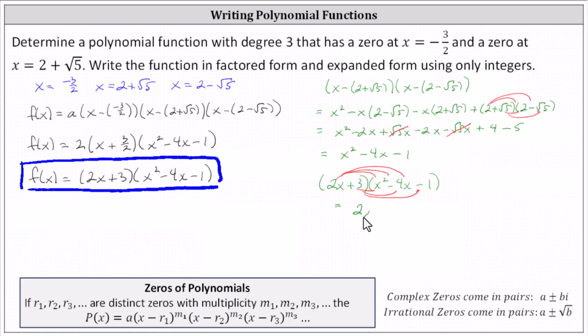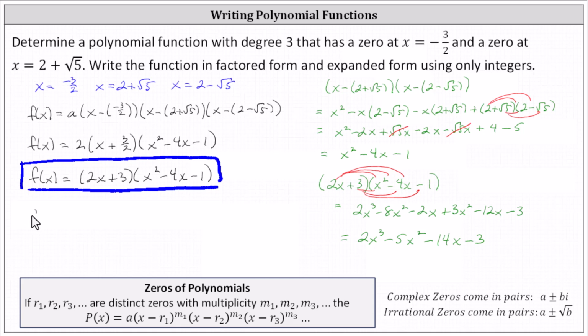We have 2x cubed minus 8x squared minus 2x plus 3x squared minus 12x and minus 3. Combining like terms, we have 2x cubed, negative 8x squared plus 3x squared is minus 5x squared. And negative 2x minus 12x is minus 14x minus 3.